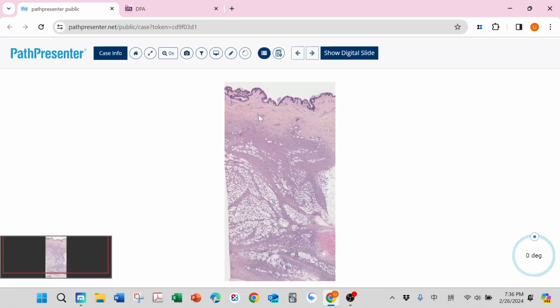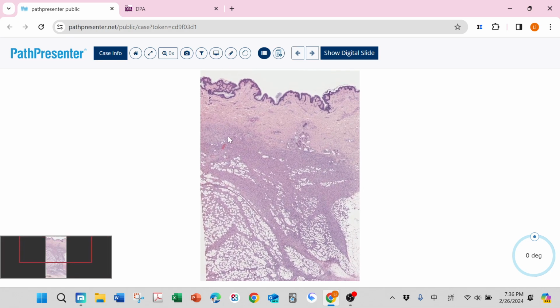So let's go to our last entity, that is DFSP. In low power, we already know this is an excisional sample. Then we have this really nice honeycomb pattern, all the fat trapped by these DFSP cells, these sarcoma cells.